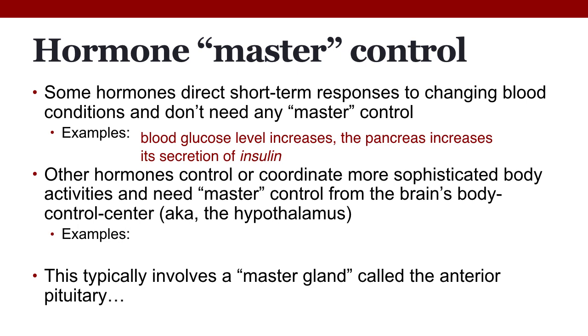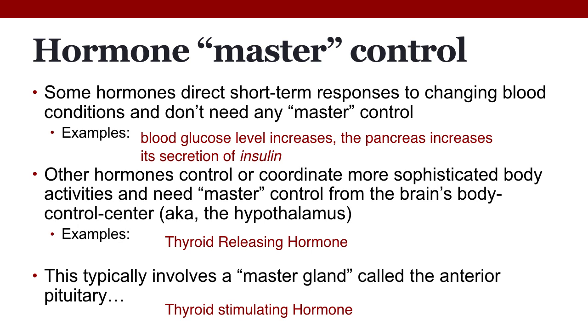This typically involves the master gland called the anterior pituitary. For example, neurons in the hypothalamus synthesize thyrotropin releasing hormone, or TRH. It travels to the anterior pituitary where it binds a TRH receptor, and that stimulates the release of thyroid stimulating hormone.